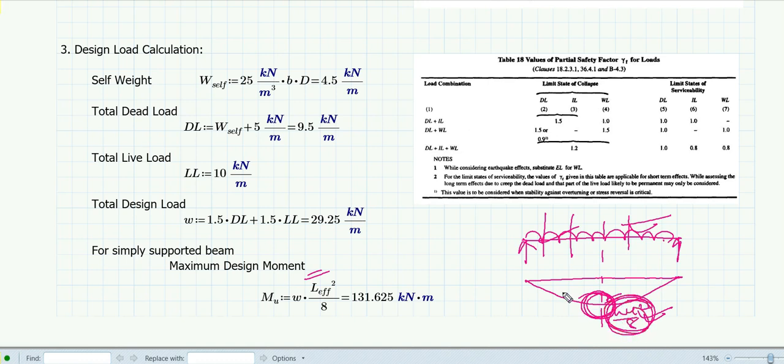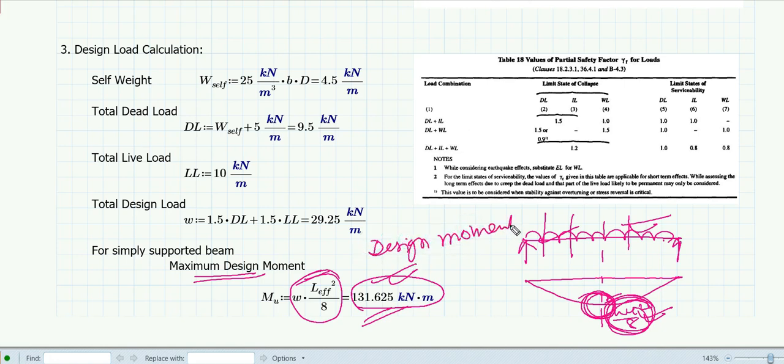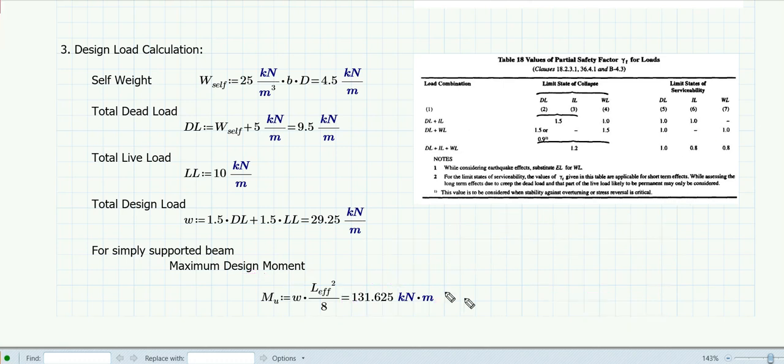That is why we are finding the maximum design moment, which is W L effective square by 8, and which comes out to be 131.625 kilonewton meter. This is the design moment, not the working moment or service moment. With this, we are going to proceed with our design.